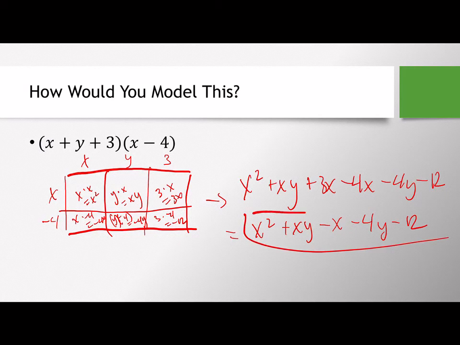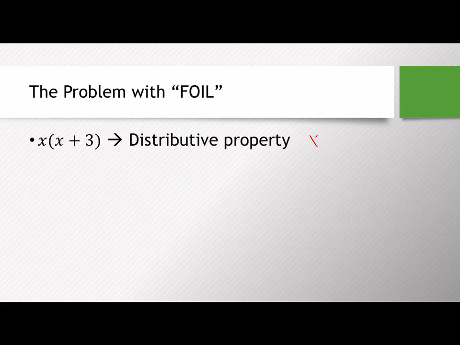The problem with FOIL. Now when we're doing x times the quantity x plus 3 with the distributive property, we multiply this way and get x squared plus 3x.